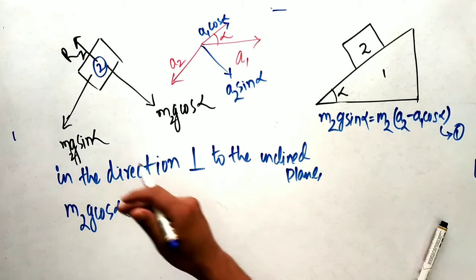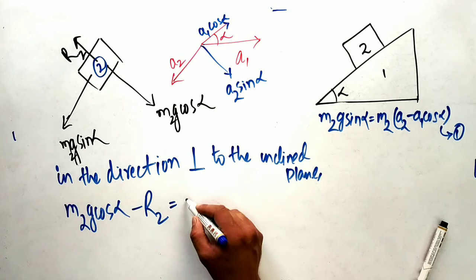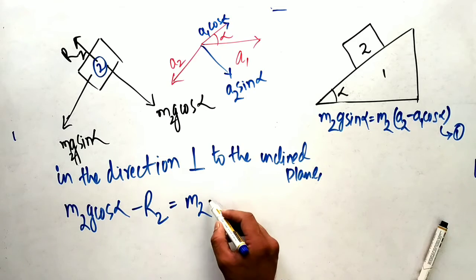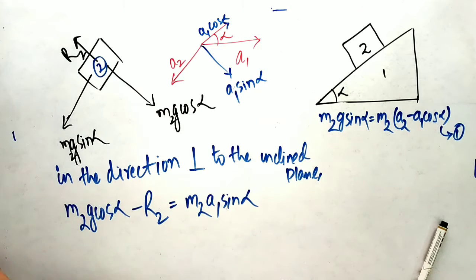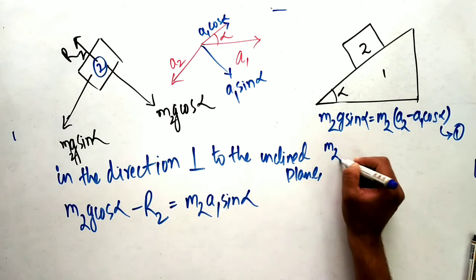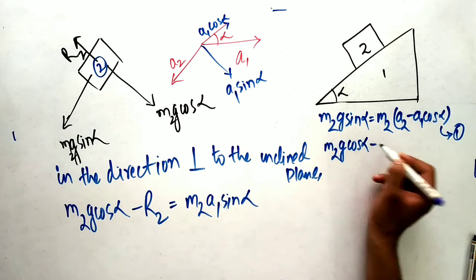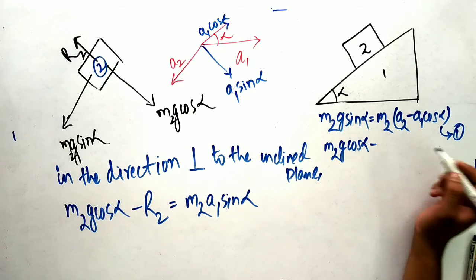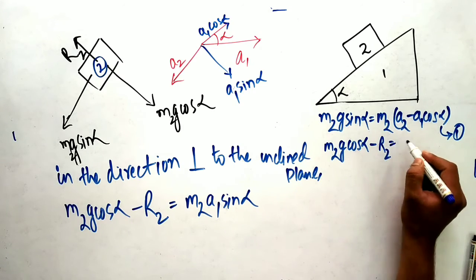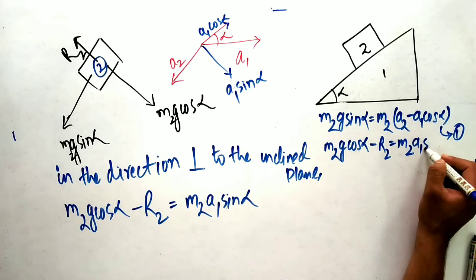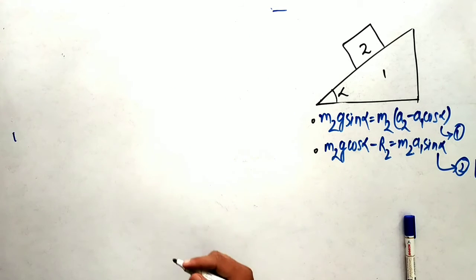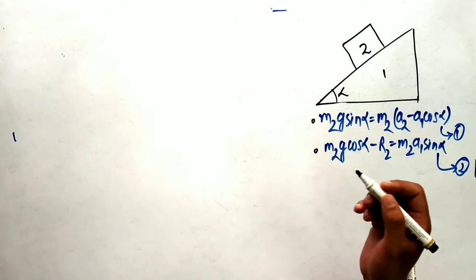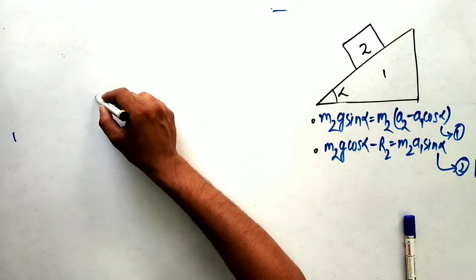The forces acting in this direction is equal to m2 times the acceleration in this direction, which is only supposed to be a1. We'll also keep this aside. m2g cos alpha minus r2 is equal to m2 a1 sine alpha. We'll name this 2.